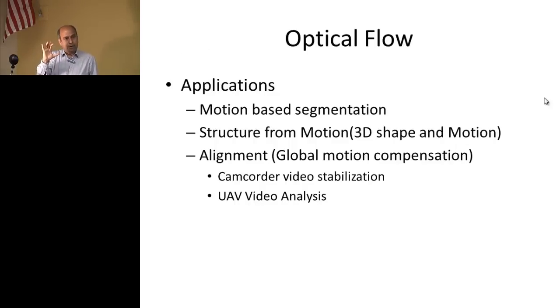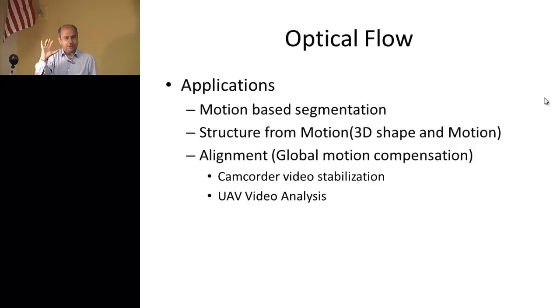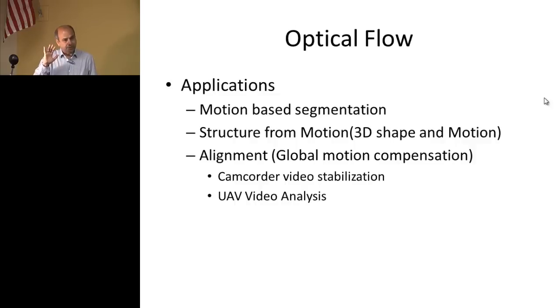Or if you have a camcorder that is shaking while you're recording the video, what you need to do is stabilize it so that it doesn't have the global motion. Then you can see the video. Some of these camcorders actually have the stabilization built in, so even if you shake, the video won't shake. We are going to talk about how you can write a program which will do that, and the input will be something like optical flow.